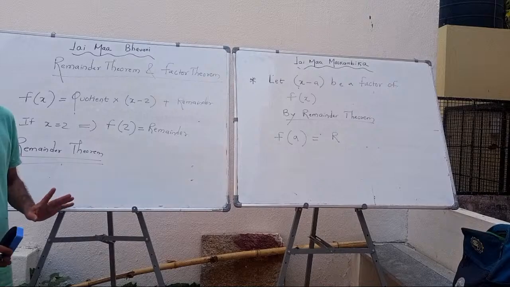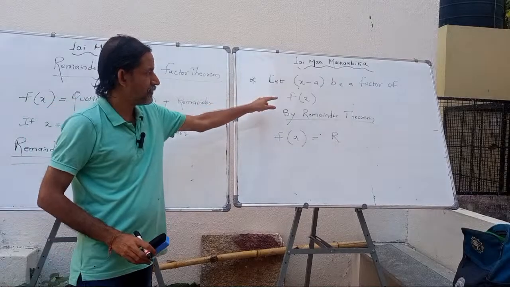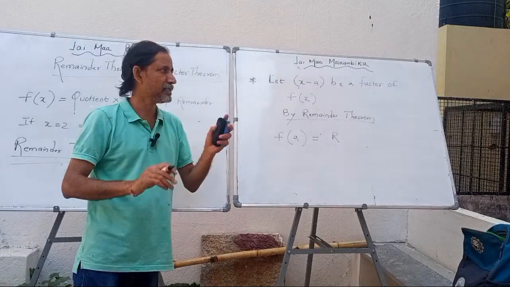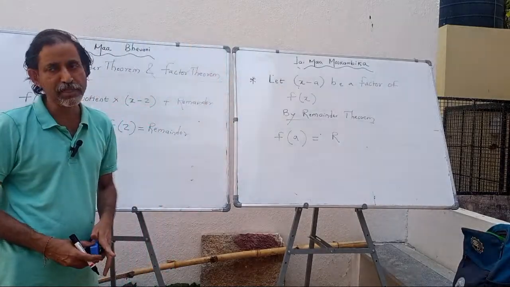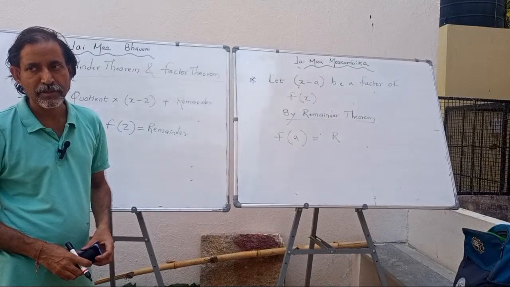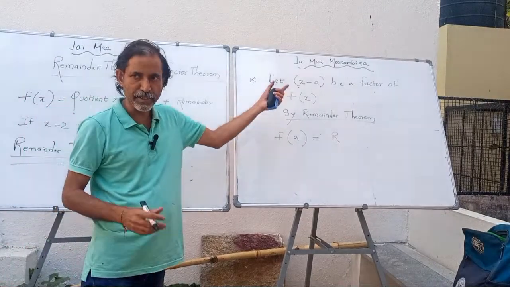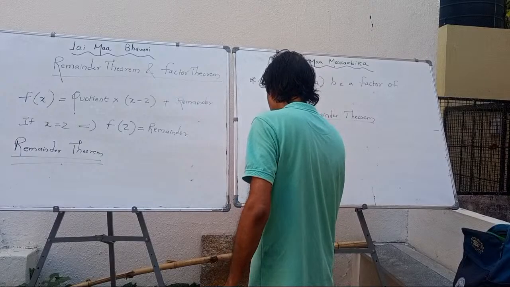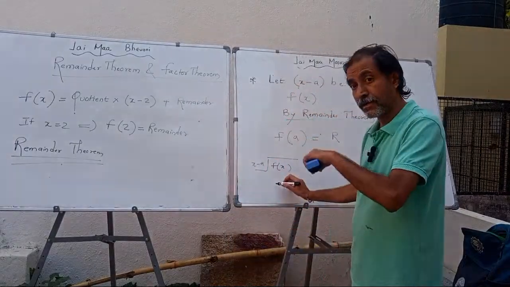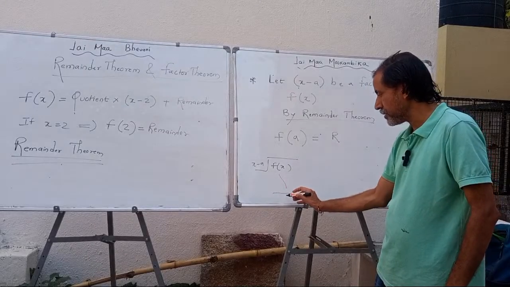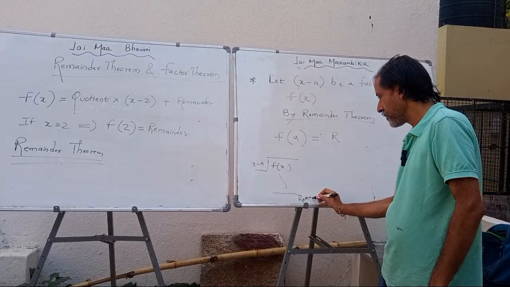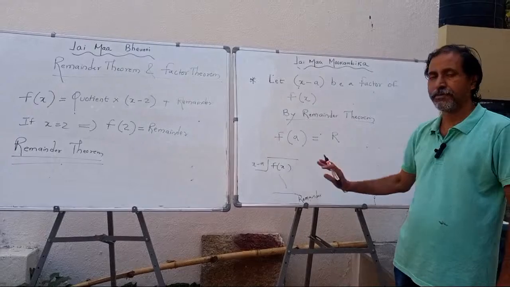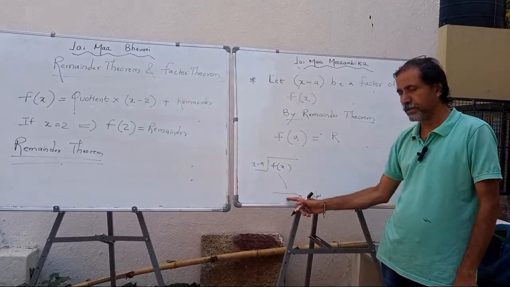Without loss of generality, if x minus a is a factor of f of x, which means x minus a divides f of x completely, will there be any remainder? Say you divide f of x by x minus a like we did earlier. What will be the final remainder? It is a factor. Factor means it divides this completely. If it divides completely, what will be the remainder?